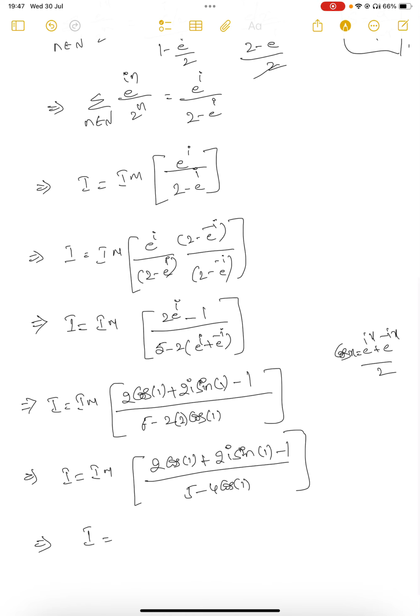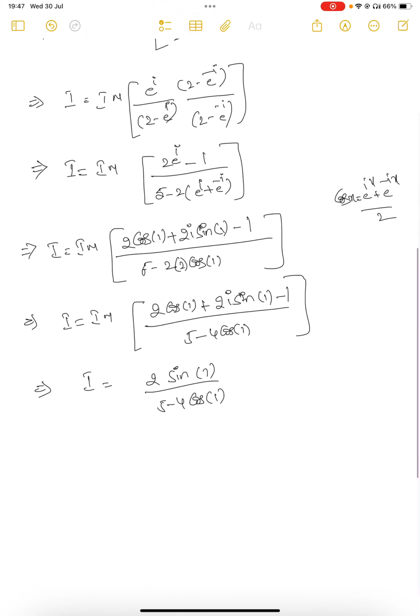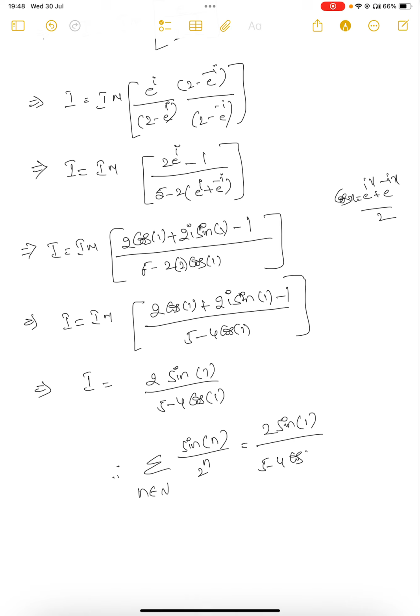The imaginary part is 2 sin 1 by 5 minus 4 cos 1. That is, the summation n belongs to N of sin n by 2 power n equals 2 sin 1 by 5 minus 4 cos 1.